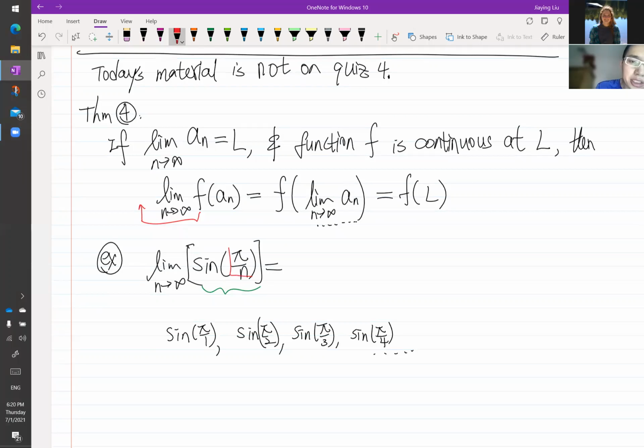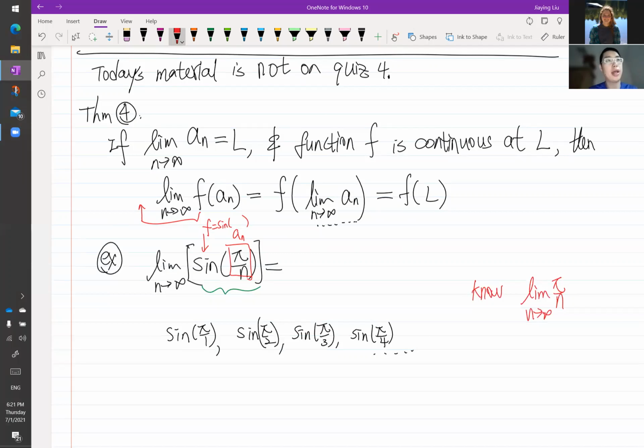That's one way. But another way is using the theorem here. You can look at this as elements of a sequence, and sine is just a function, just like the function I'm writing in the theorem above. So this is like taking the limit of f of an, where f is the sine function. We know that we can take the limit of pi over n as n goes to infinity.